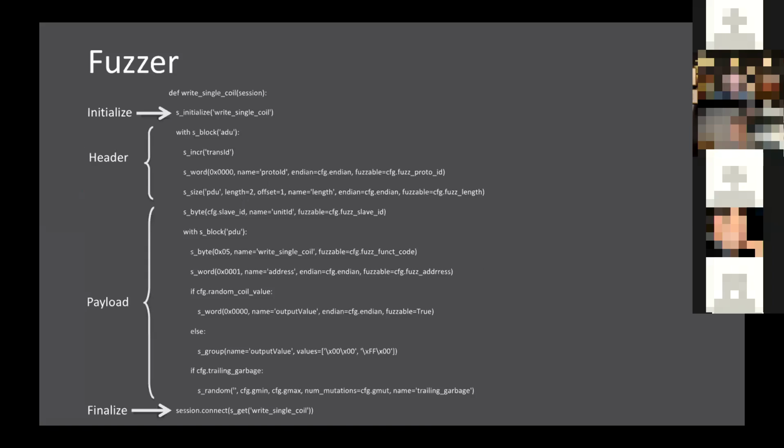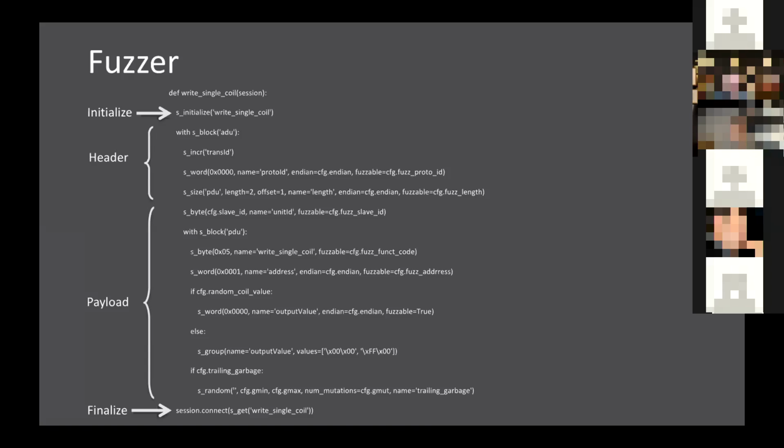Taking a quick look at what the fuzzer looks like, you essentially initialize whatever you want to call this particular fuzzer. Then you generate the packet; for this we were doing Modbus primarily. So you have a transaction ID, the protocol ID, the size of the payload, and the slave ID, and you can configure which of those you want to actually fuzz.